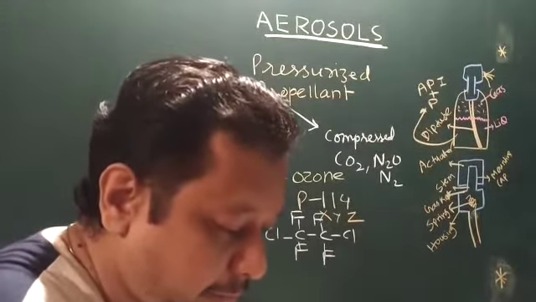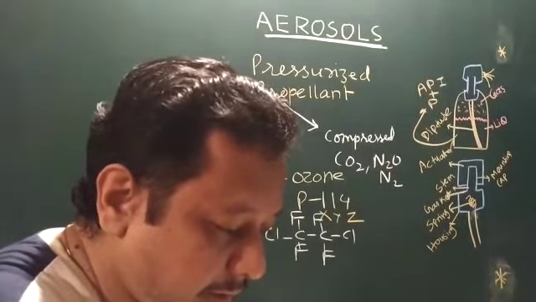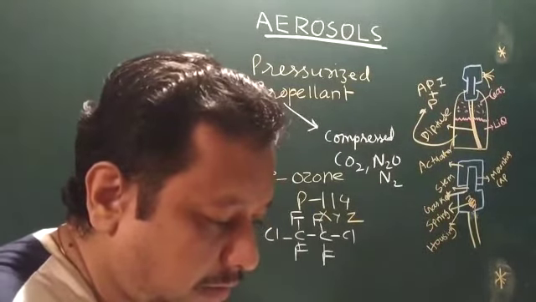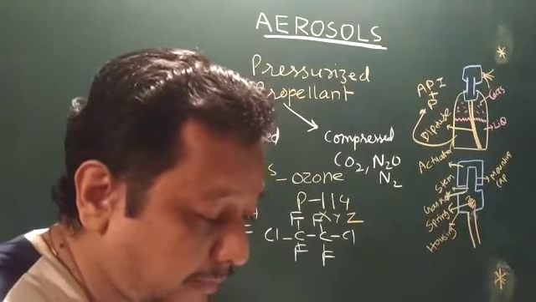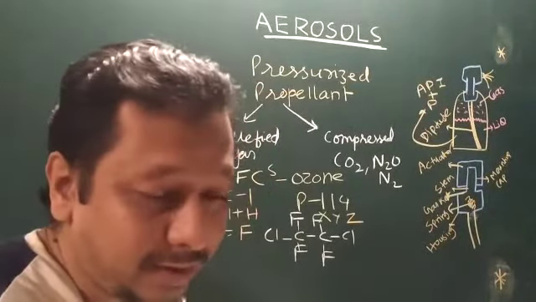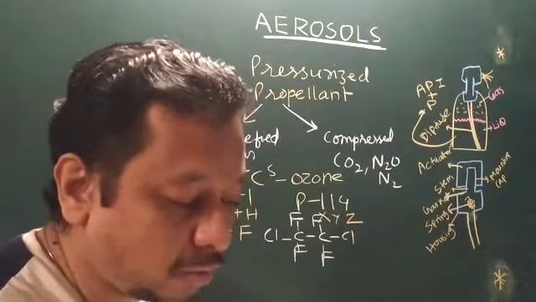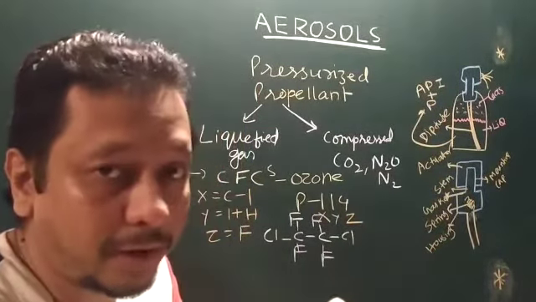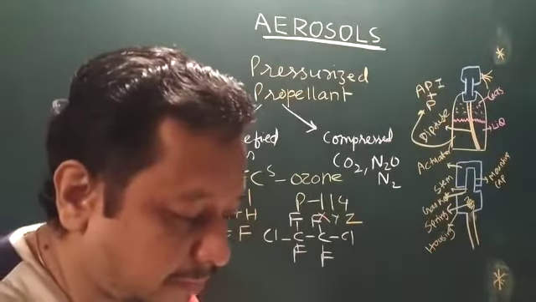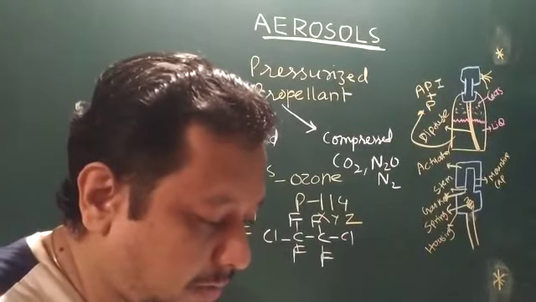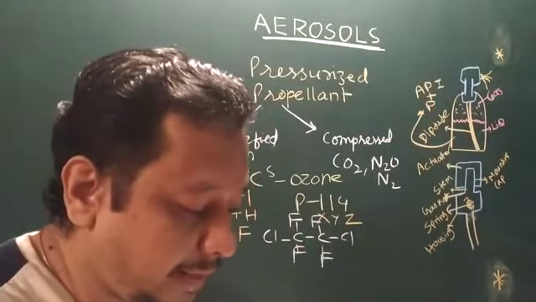You have many other propellants. One very important thing is that their boiling point is less than 21 degrees, that means below room temperature, but their critical point is above room temperature. You have propellant 11.